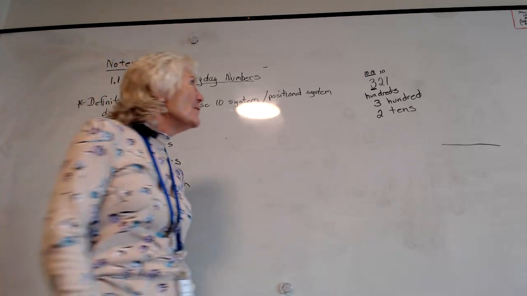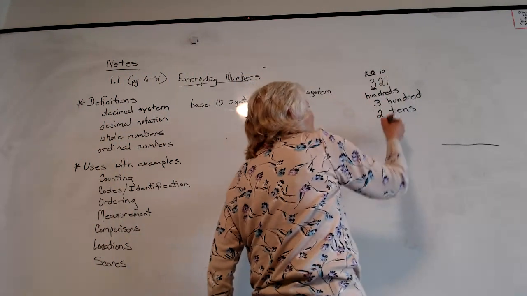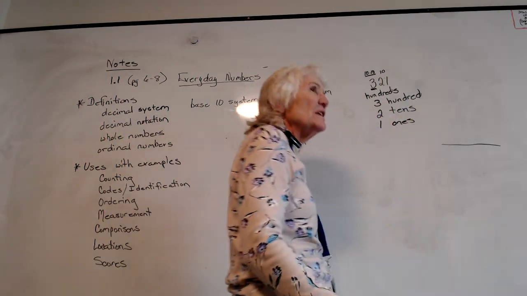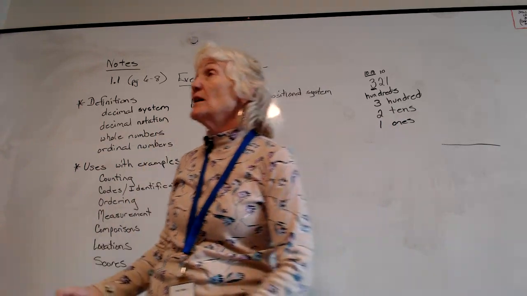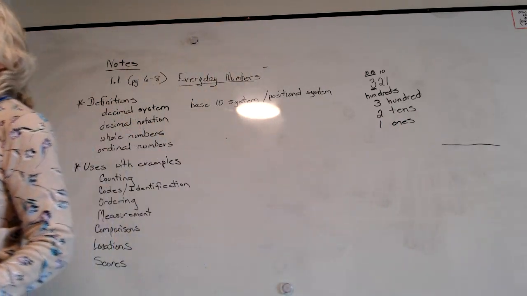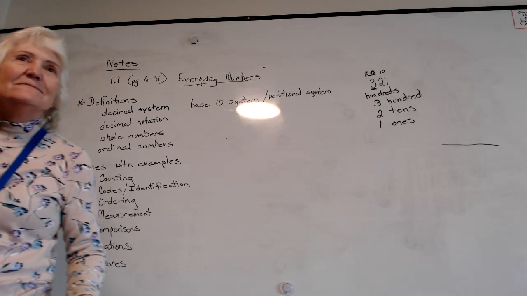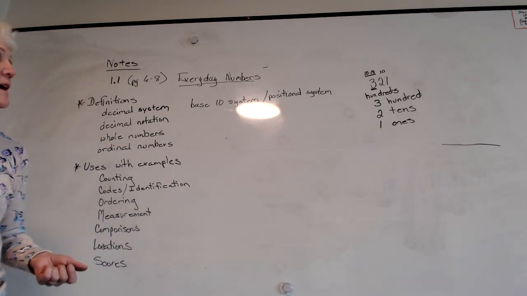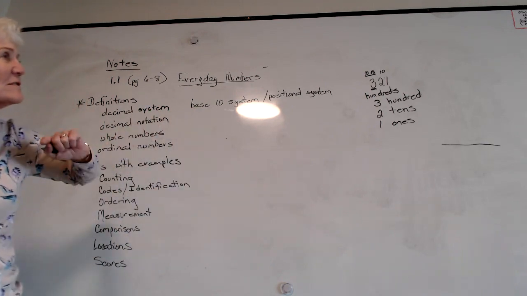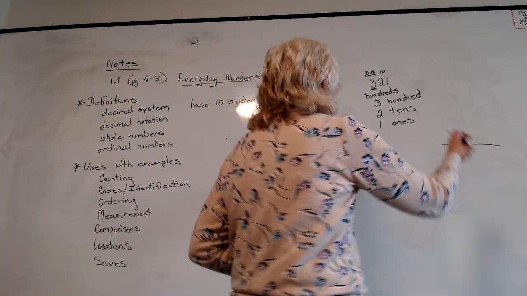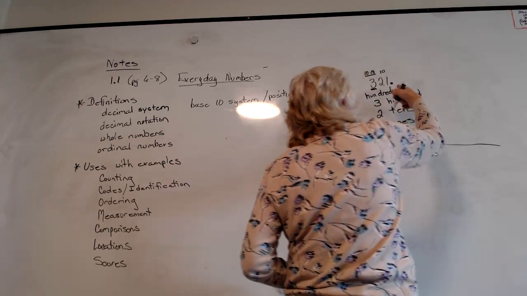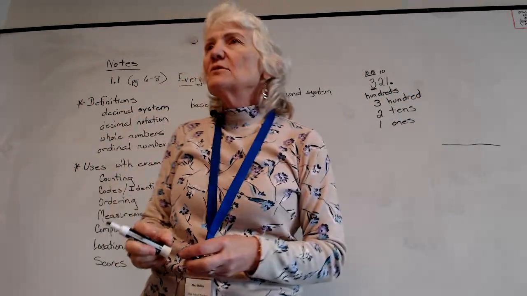Okay, and the 1 is in the ones, and we name them as 1, 2, 3, 4, 5, 6, 7, 8, 9. A 0 is a number. In our whole numbers, it is a number. It's called the decimal system also because we don't see it right now, but there's an assumed decimal at the end of all these numbers.